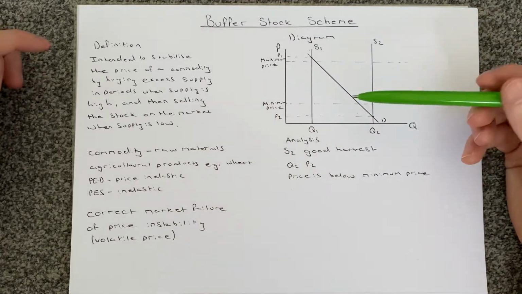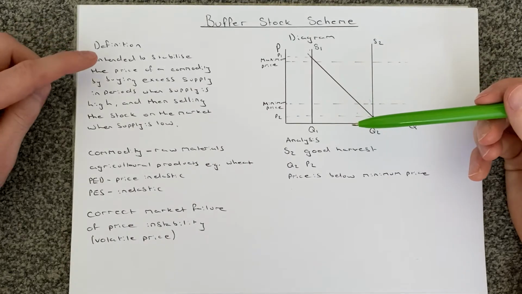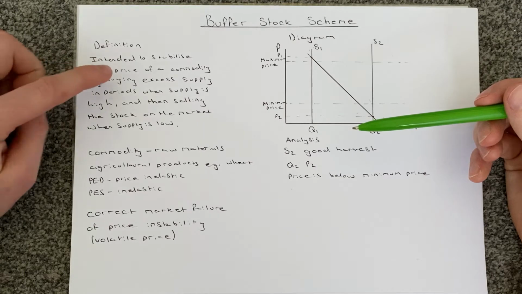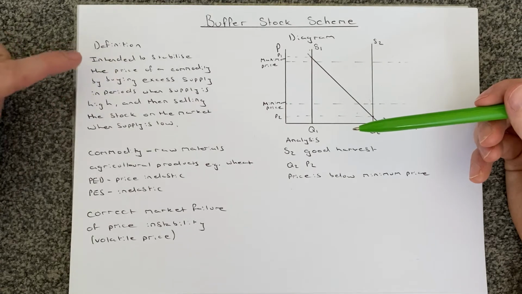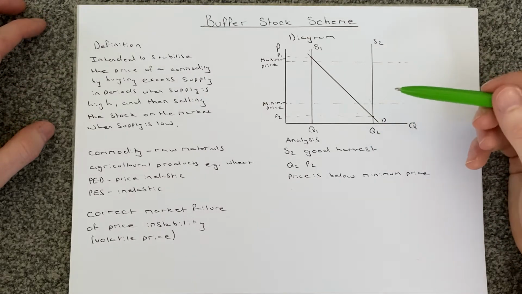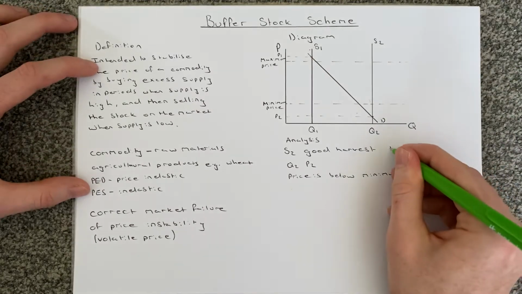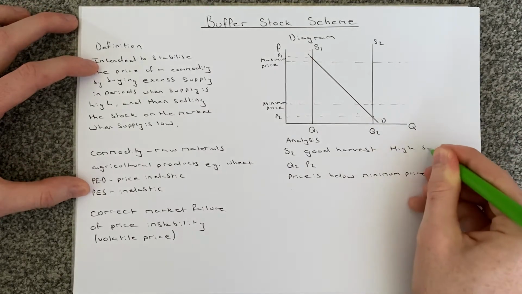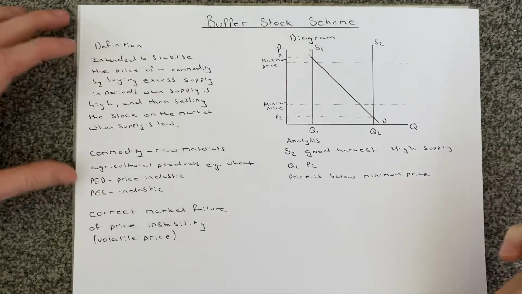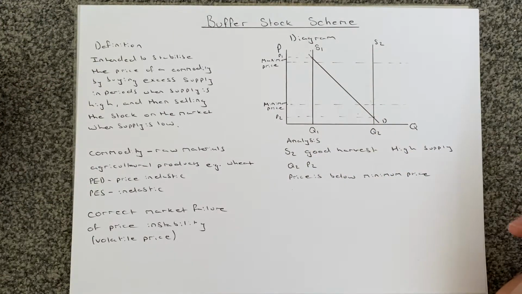Just revisiting our definition, in order to stabilize prices, the buffer stock scheme buys excess supply when supply is high. We quite clearly see on our diagram, S2 is a particularly good harvest. There is high supply. The market equilibrium is Q2P2, a quantity of Q2 with a price of P2. The price is below the minimum price.